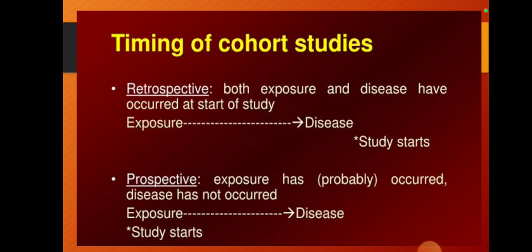Prospective: exposure has probably occurred, disease has not occurred. When the exposure occurs, then the study starts.